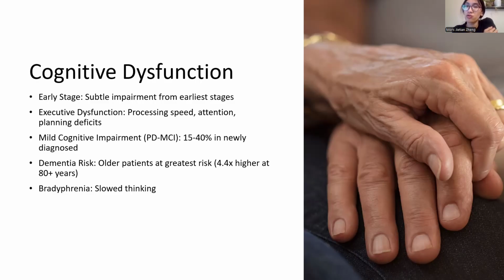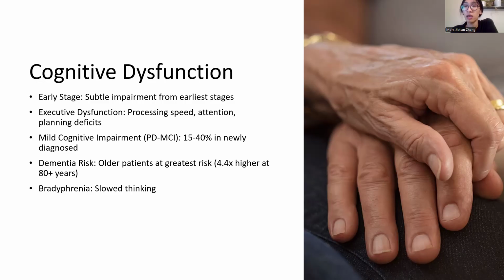Almost half also show visual spatial deficits and memory problems. Mild cognitive impairment, or PDMCI, occurs in 15 to 40% of newly diagnosed patients and significantly increases the risk of developing dementia within 5 years.